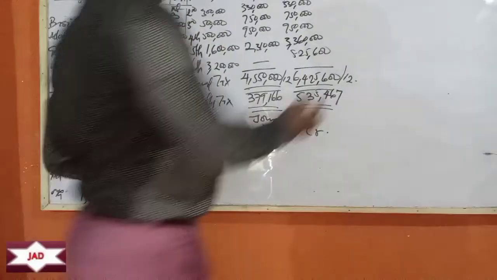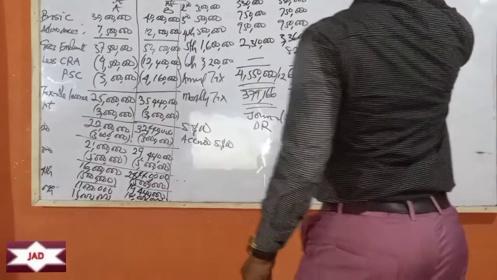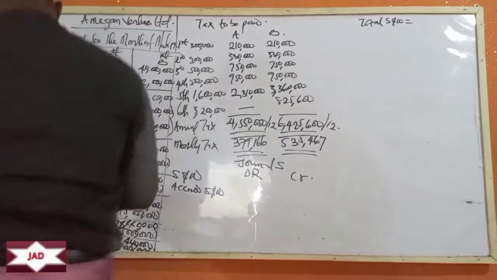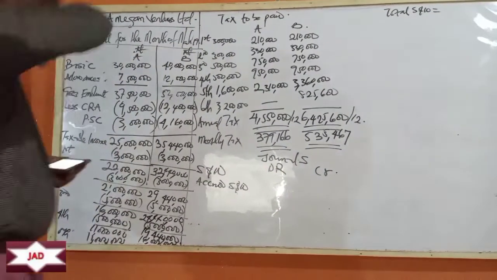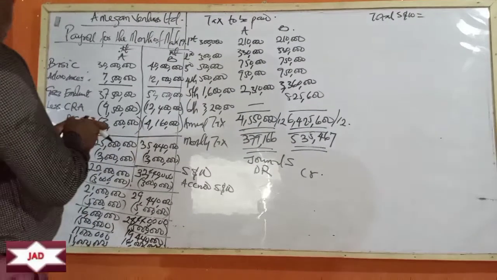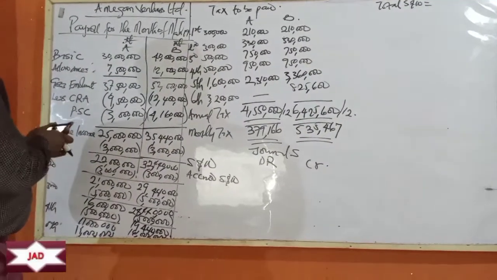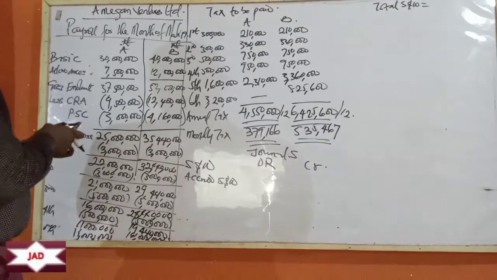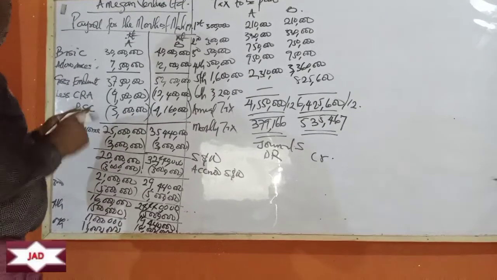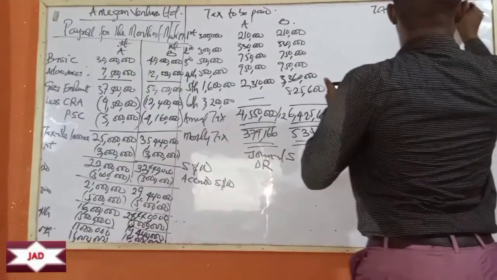Total salaries and wages, that will be 37,500,000 plus 52 million, which is 89,500,000. So we have 89,500,000.